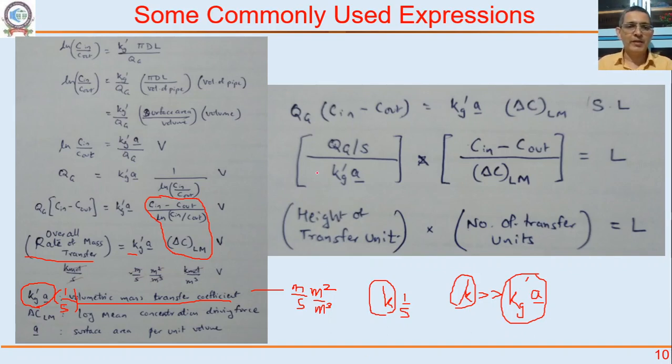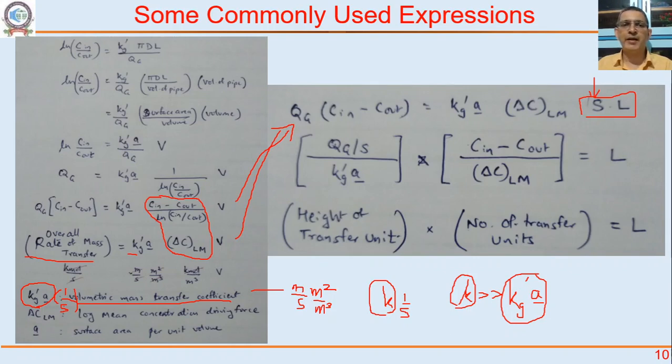This equation we can write slightly differently as well. We write Qg into C in minus C out is equal to Kg prime A delta C log mean multiplied by S, the cross-sectional area, multiplied by L, the length. V is the volume of the pipe.